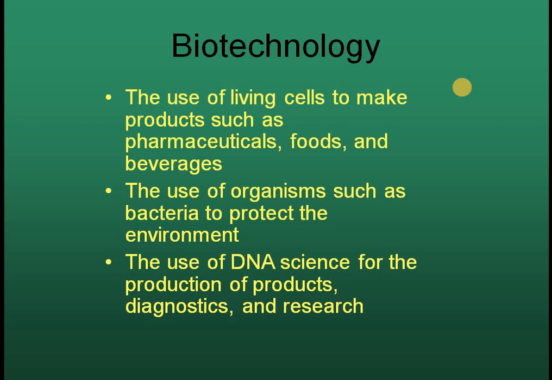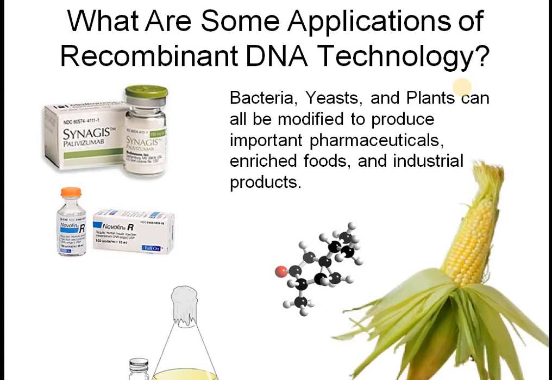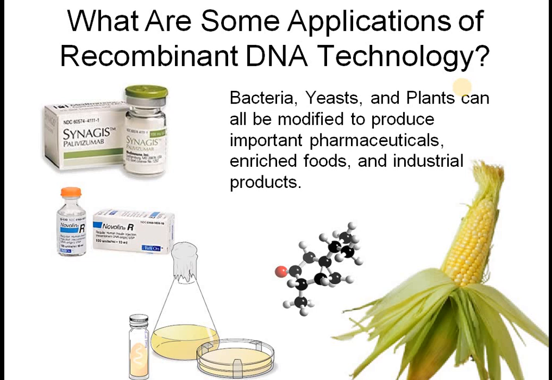Presently a lot of waste is present at the seaside, and to digest that waste you can use genetically engineered bacteria. Then there is the use of DNA science for the production of products, diagnostics and research. So what are some applications of recombinant DNA technology? Bacteria, yeast and plants can be modified.